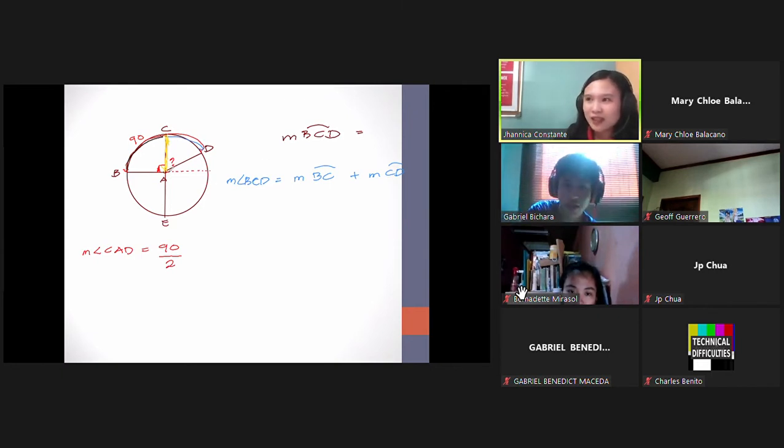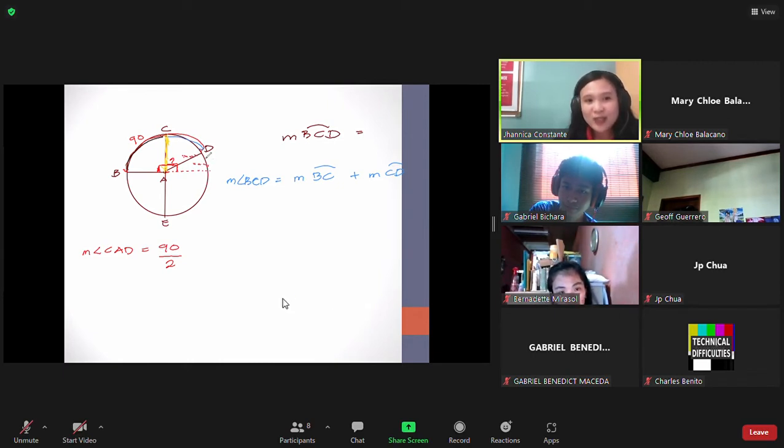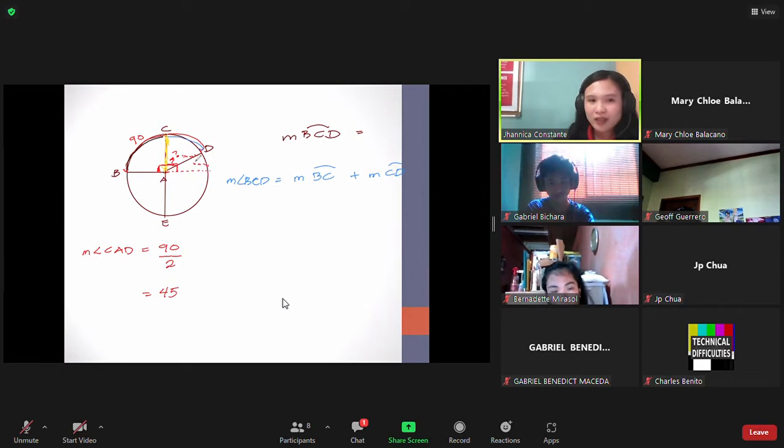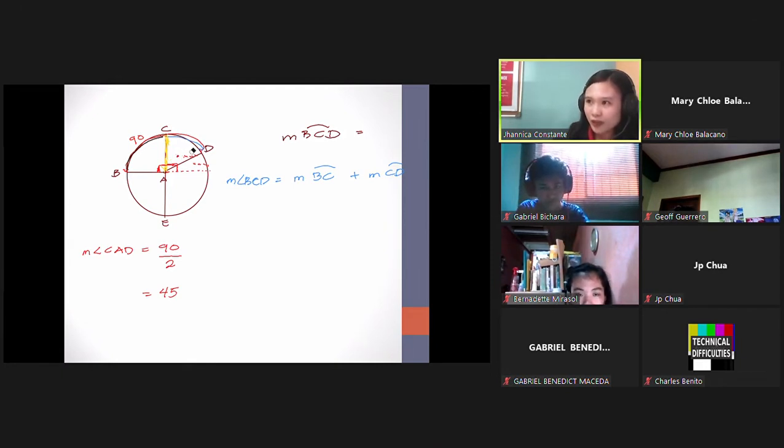Since we have 90, we draw an imaginary line to produce a 90 degrees. So we have two angles already being formed in our right angle. To find the measurement of this angle, we can divide the 90 degrees by 2. So 90 divided by 2 is equal to 45 degrees. So the measurement of our angle CAD is equal to 45 degrees.